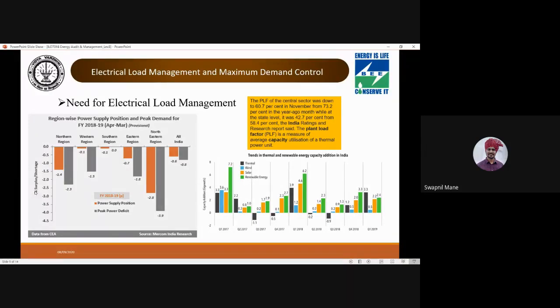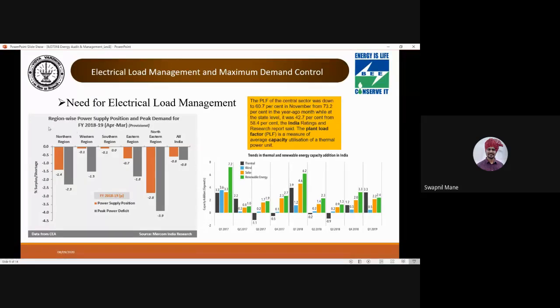There is a percentage surplus or shortage. If it is negative, it is a shortage. If it is a positive value, it is a surplus. The power supply position is shown in orange color and gray color shows peak power deficit. So supply is low, we are not able to supply, and on top of that there is a peak power deficit also.